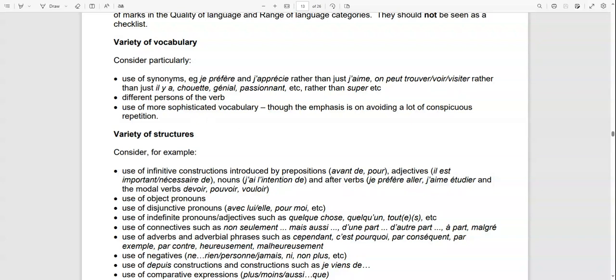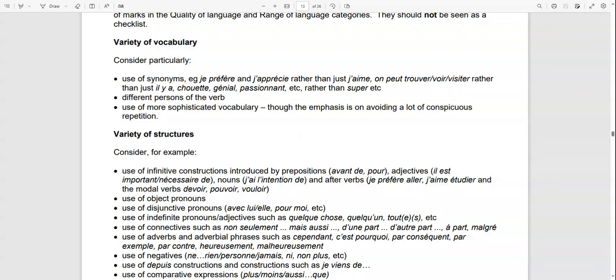So rather than just il y a, you could use on peut trouver, you can find, on peut voir, you can see, or on peut visiter, you can visit. Instead of just saying c'est super, it's great, you could say c'est chouette, c'est génial, c'est passionnant. All different ways of expressing a positive opinion, to say something is really nice, great, exciting, that kind of idea.